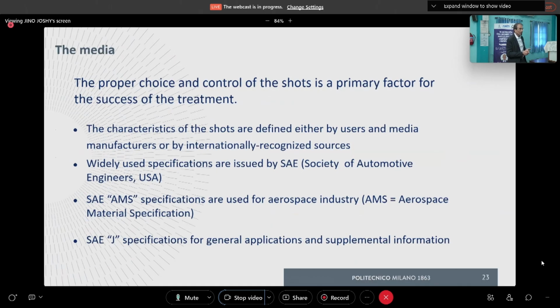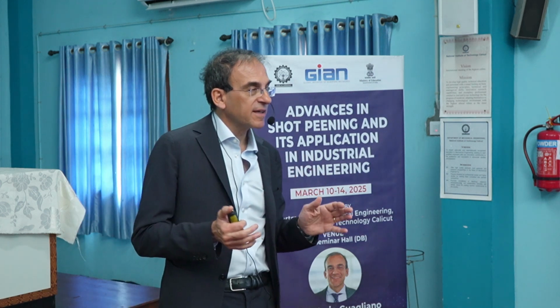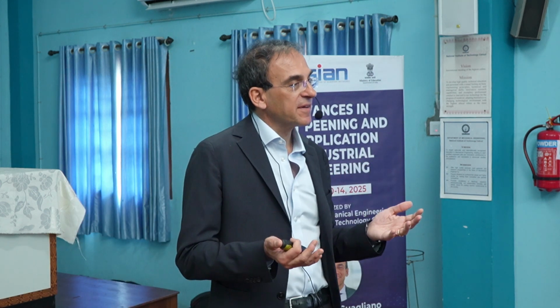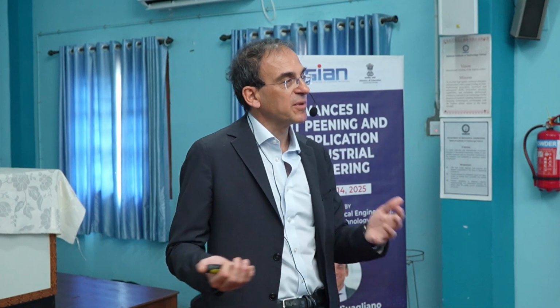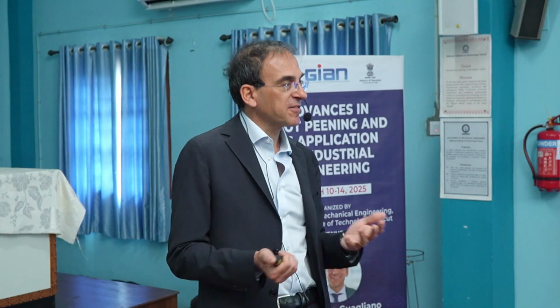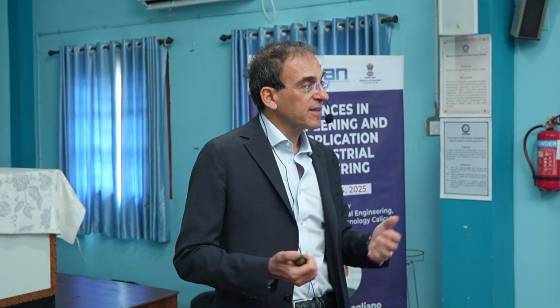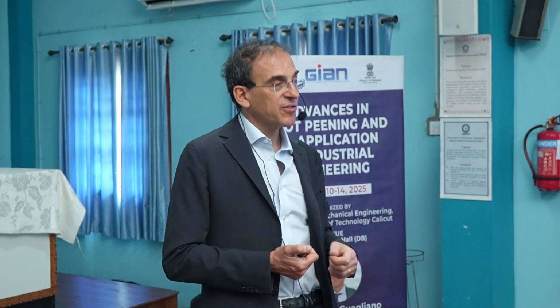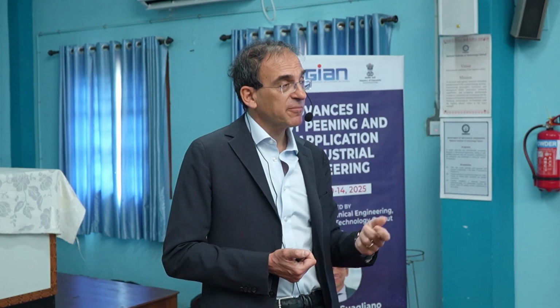So if we need the characteristics of the shot, because we must choose the right one, we can refer to the international standard, or to the paper, let's say, given by the producer, where we have the commercial shot, the dimension, the diameter, the material, the hardness, and the process they were obtained from.